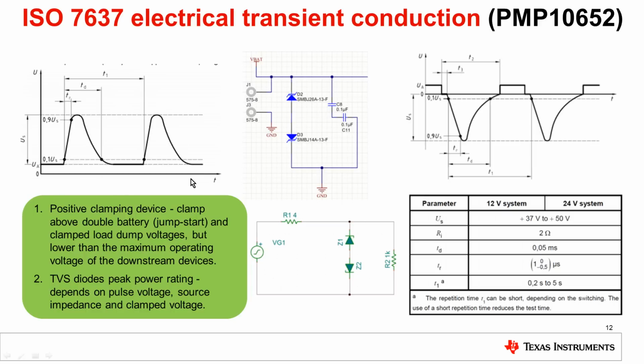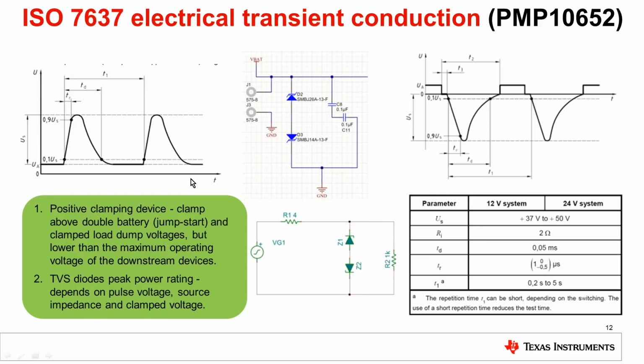Now for clamping the positive going pulses, you need to clamp above the double battery voltage or the jump start voltage, and also we need to clamp above the central load dump voltage, which is specified by the OEMs, which is typically about 27 volt.